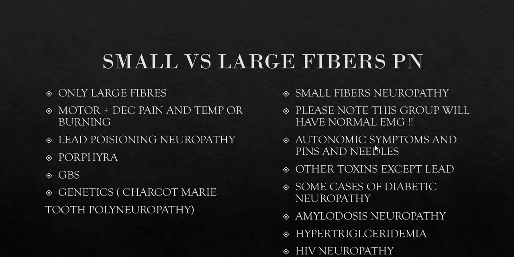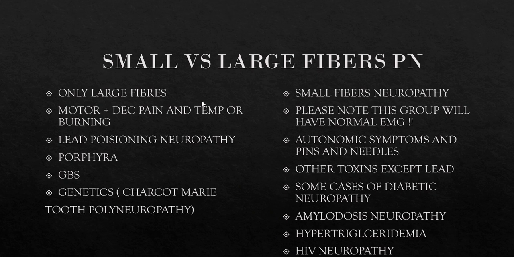If the patient has all of these symptoms and a normal EMG, together there is very strong evidence that the patient may be developing diabetic neuropathy in some cases. We'll talk about diabetic neuropathy in a separate video because it's obviously a very big topic. Or amyloidosis, or an HIV neuropathy, or hypertriglyceridemia.